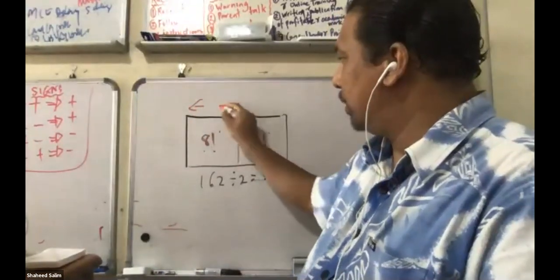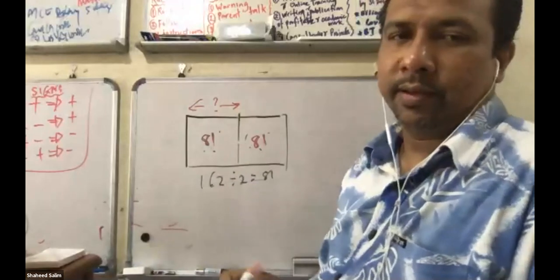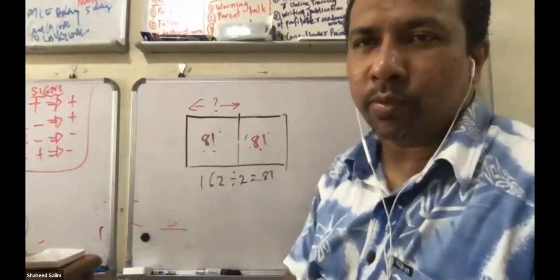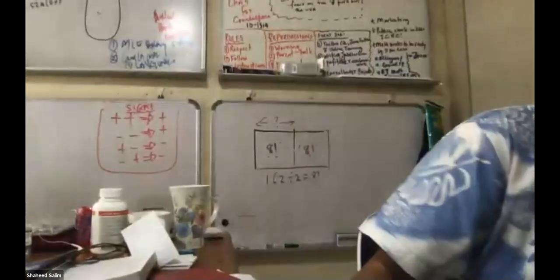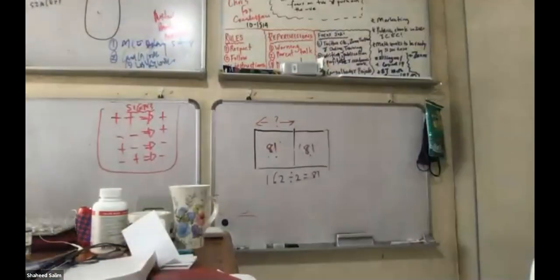If you know this one, you times 2, then you get the length. What times what equals 81?